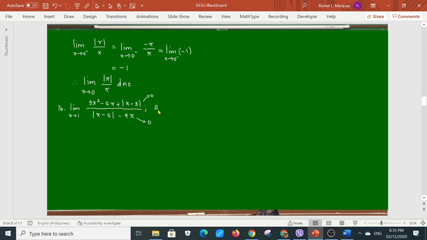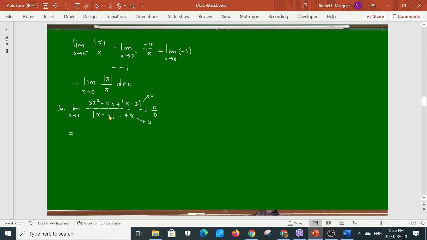Indeterminate, guys. Hindi na tayo masyado sa mga walang problema. Pag mga walang problema, yun yung mga giveaway na question. Ang aaralin natin yung mga problems. So, try to remove absolute value so that we will be able to cancel the factor in the numerator and the factor in the denominator that make them 0.